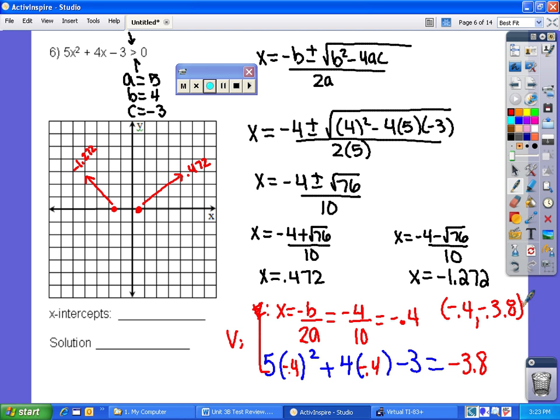And you have to label that. So negative 0.4 is right here in the middle of 0 and negative 1, and then count down to 3. 1, 2, 3, and go a little bit past there. You should label that as well for yourself. So now you're going to connect those 3 dots.